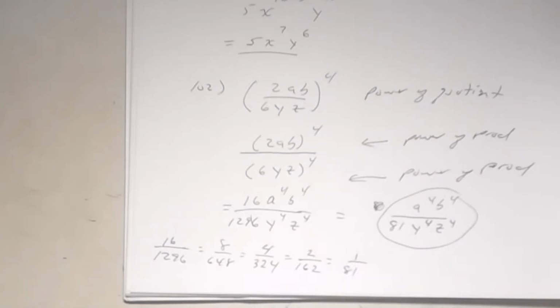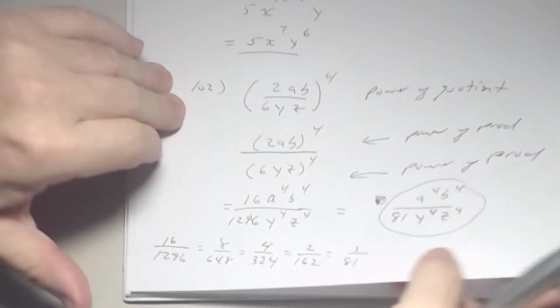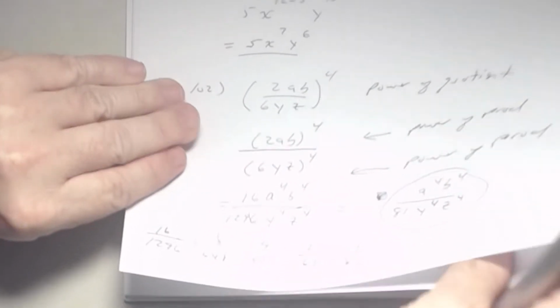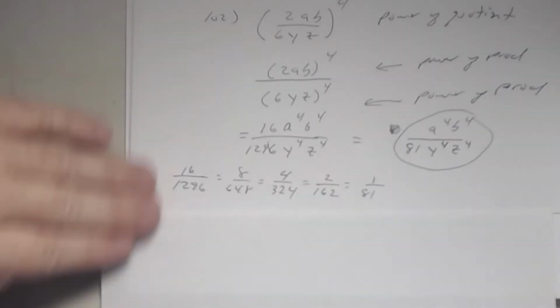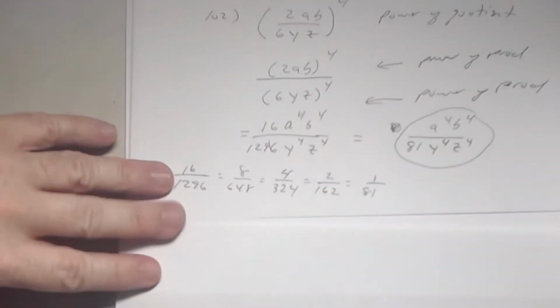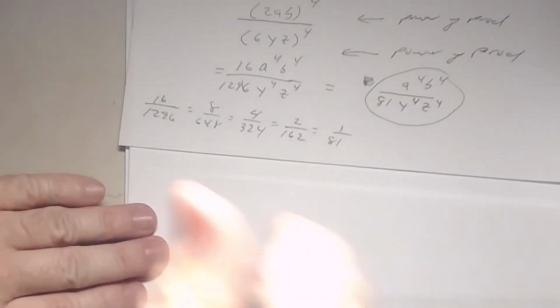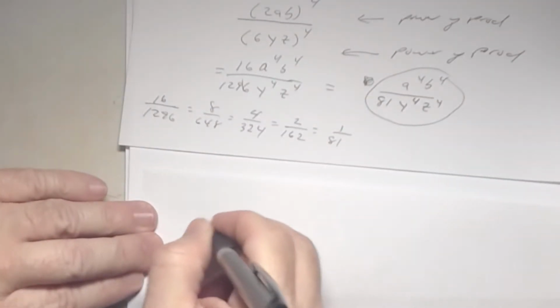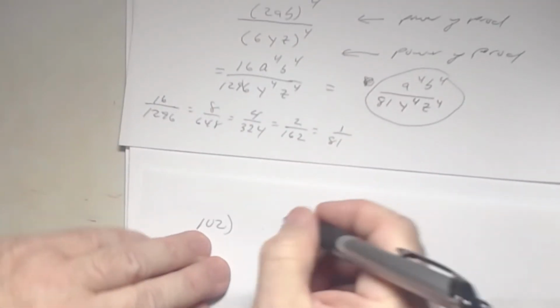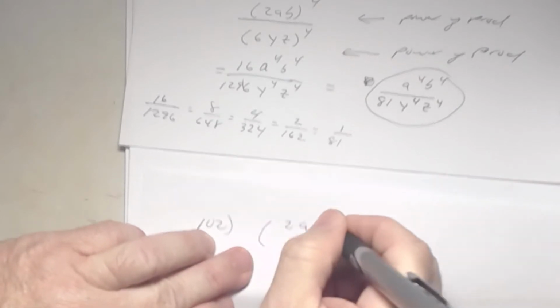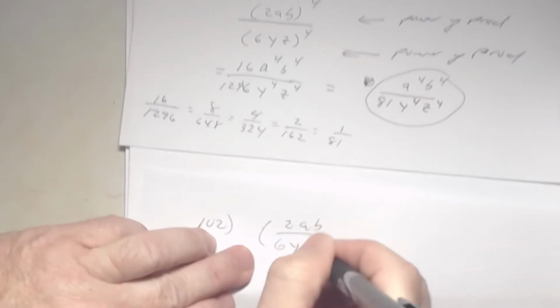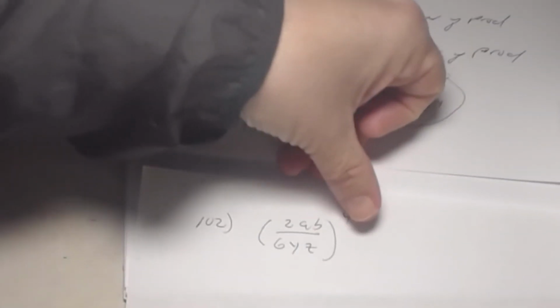Now, I want to mention one thing here. I'll do the same problem, and I want you to notice something. Okay, watch what happens when we look at it this way. Okay, same problem. All right, now if that 4 wasn't there, then that would even be the quotient rule, right?